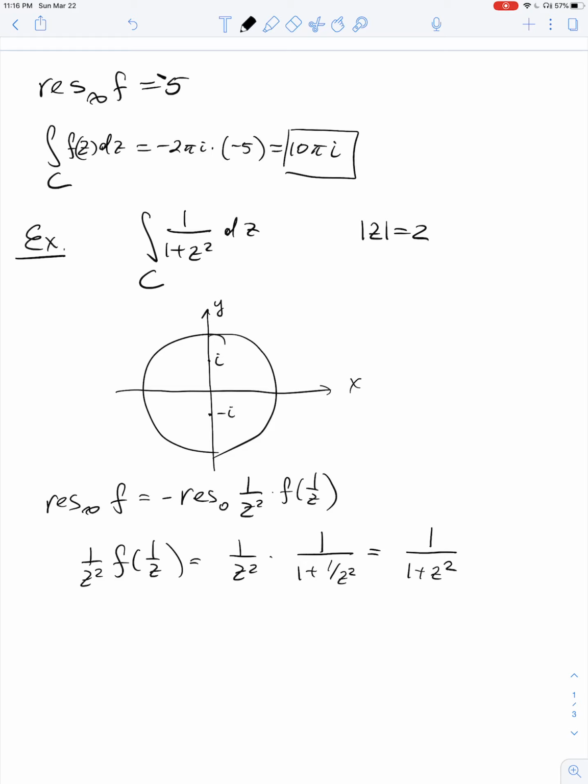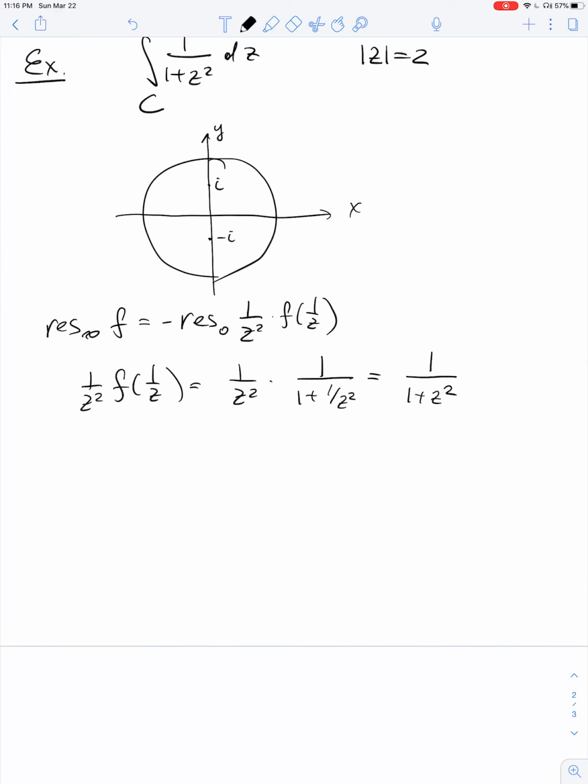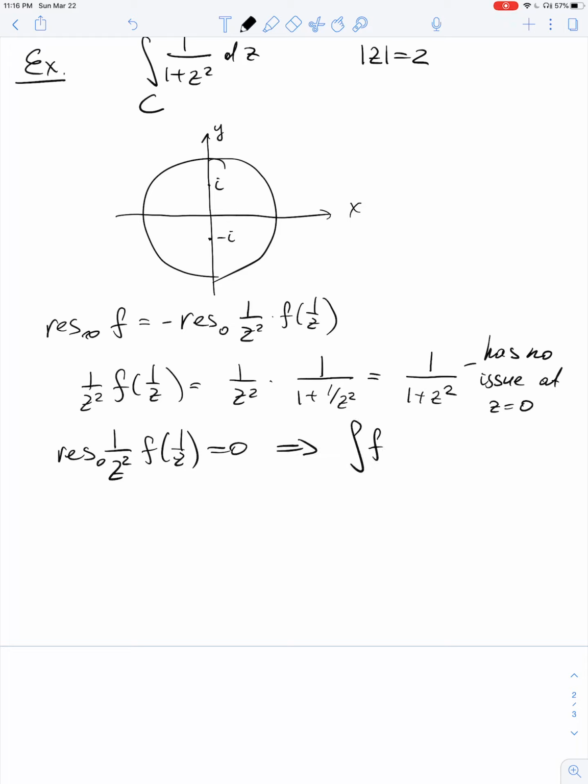And now there are several ways to see that the residue is 0. One way to see this is that the residue makes sense only if our function has a problem at 0. But this function has no issues at 0. And so the residue at 0 is 0, and so the integral is 0.